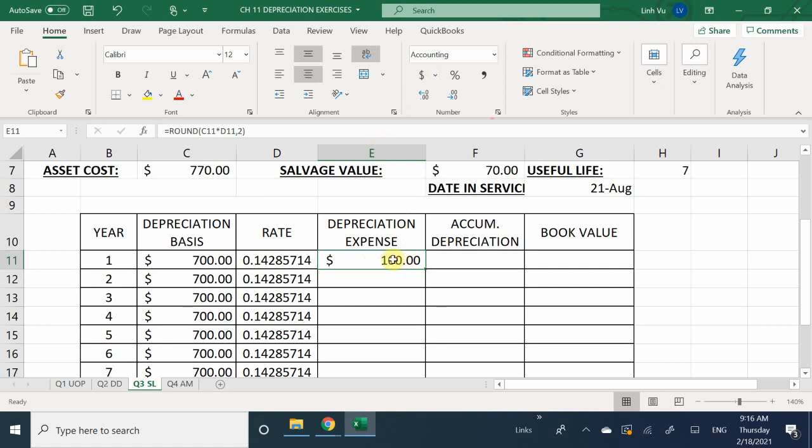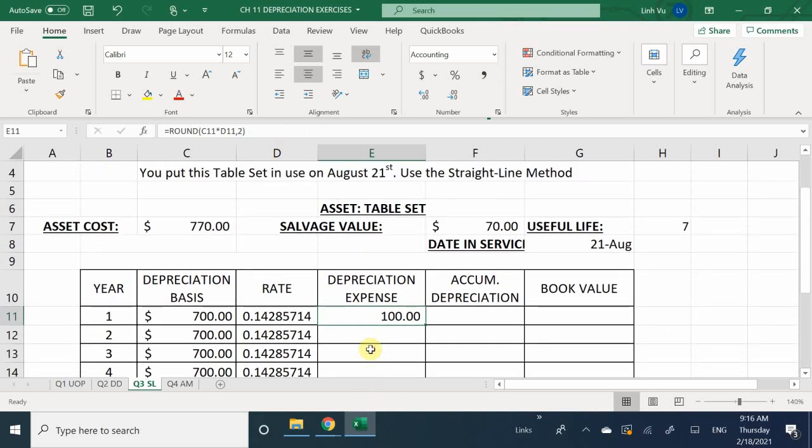Now, question to you. Can we take the full 100 out? How old is my asset right now? It's only 4 months old, right? We can only depreciate it for September, October, November, and December. So can we take the full 100 out?